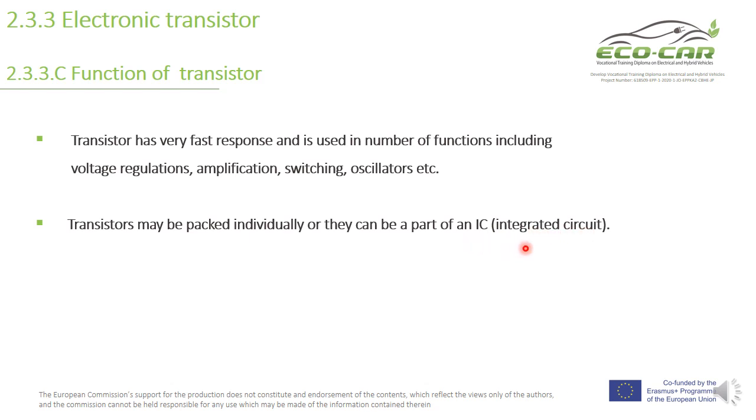You see now the very important function of transistors: they are used inside integrated circuits. Some ICs have billions of transistors in a very small area. This is a very fast technology of manufacturing integrated circuits using billions of transistors inside them.